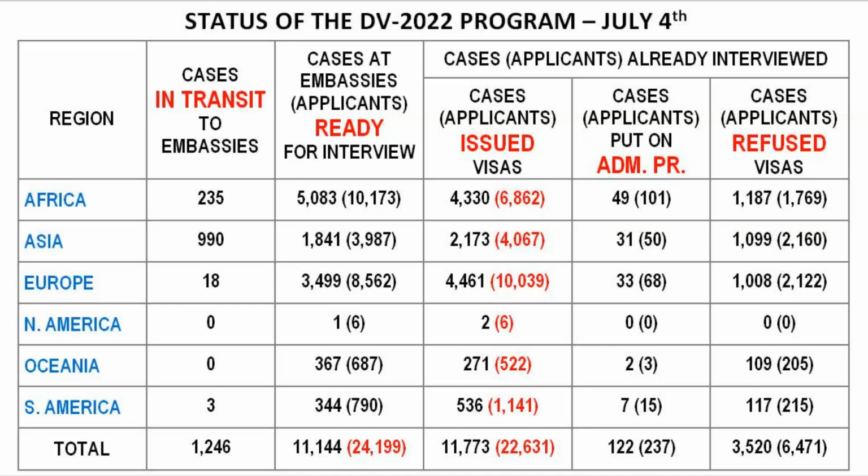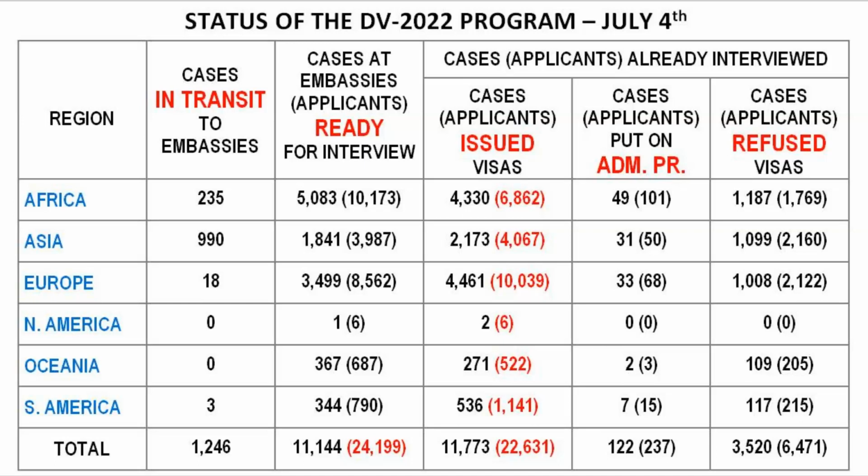And considering the numbers at the bottom of this column, we see that so far in the DV 2022 program, 3,520 cases have been refused visas around the world, and that amounts to 6,471 applicants.